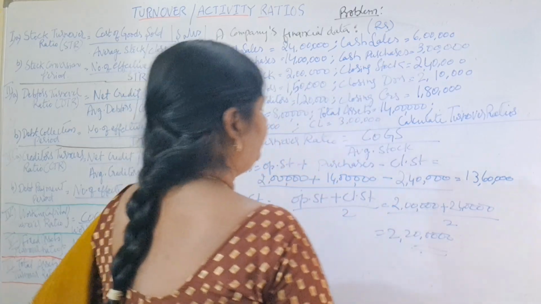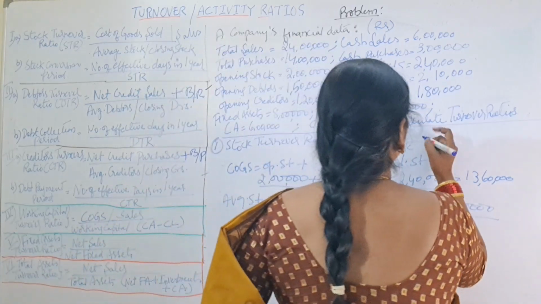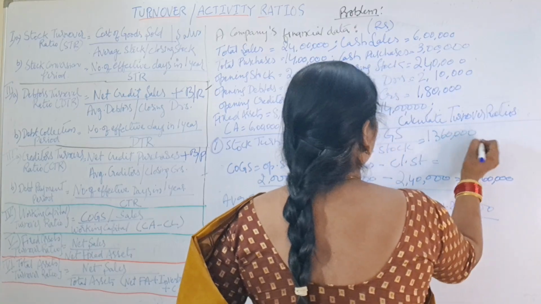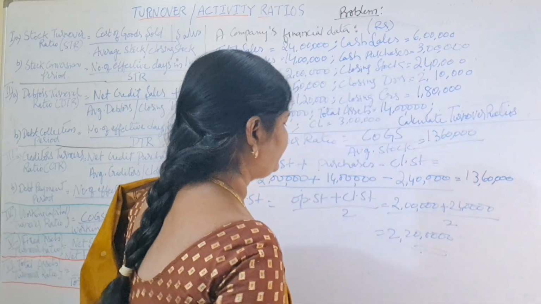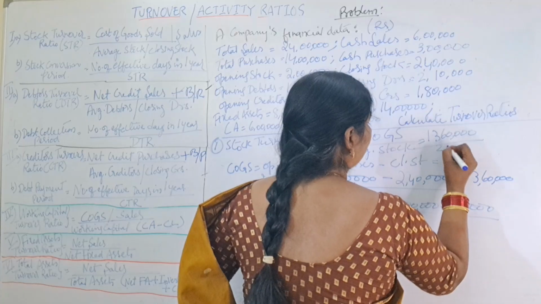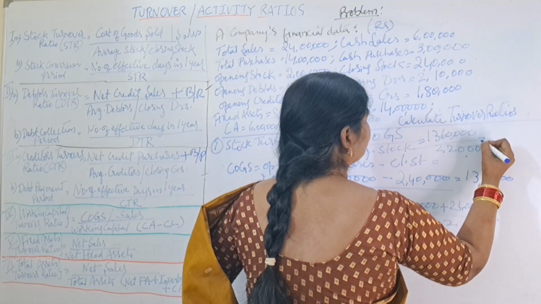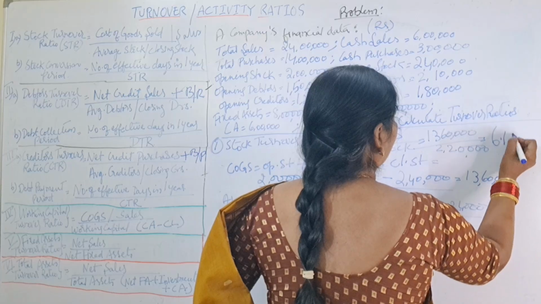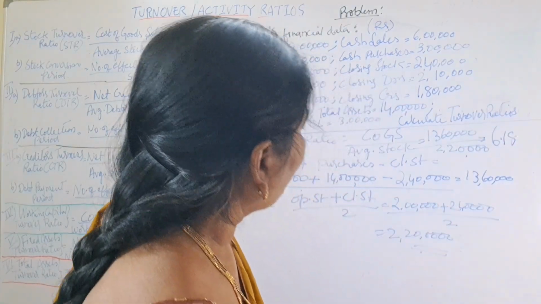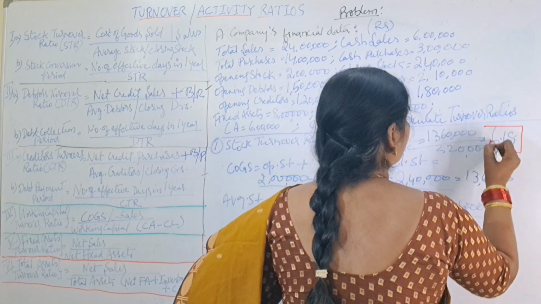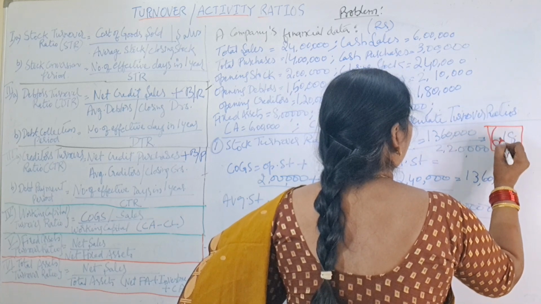Right. Now if you take this in our formula, 13 lakh 60,000 in COGS place divided by average stock, that is 2 lakhs 20,000. How much will you get? 6.18 is our stock turnover ratio.